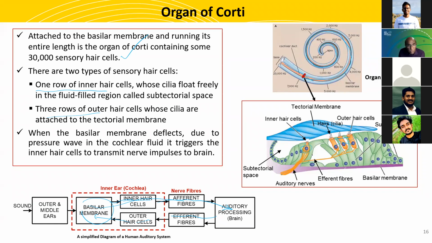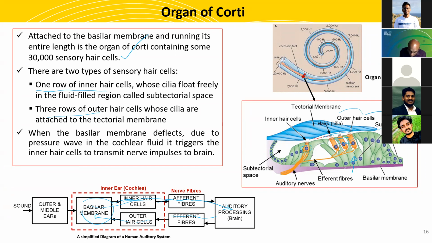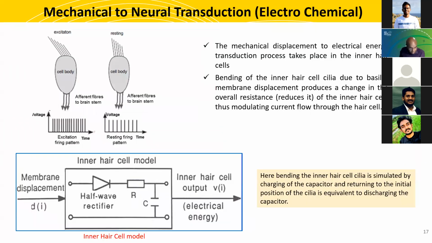Inner hair cells, what do they do actually? When this membrane moves upwards, there is liquid around here. They flow along this path and they bend this hair. The next slide shows you the hair cells.